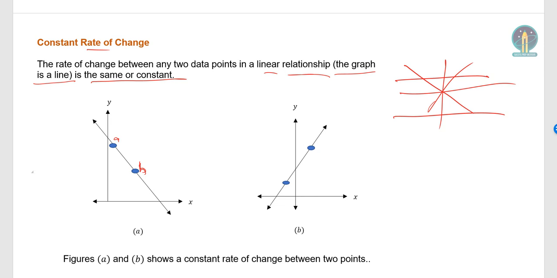And then we could add another point here, for example, C. So the rate of change between A and C is the same as the rate of change between C and B, okay? Because it's a linear relationship. So the rate of change is some known value, but it's a constant. Again, it's not a changing function. Same for this example.